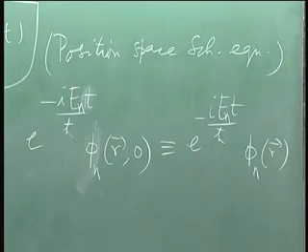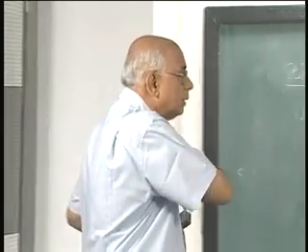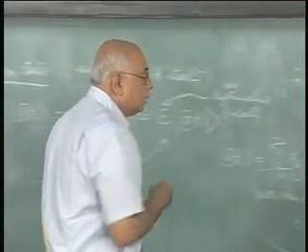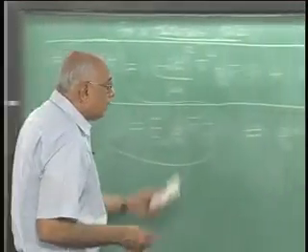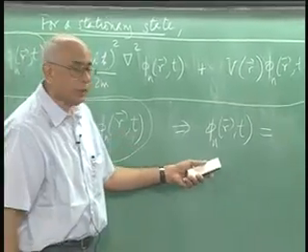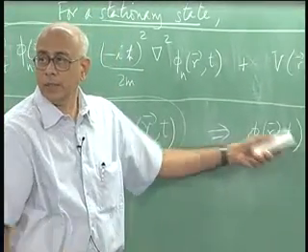Again with this caveat that this little n which is labeling the eigenstates of the Hamiltonian may actually be more than one label, could be a set of quantum numbers. So this is what a given position space wave function would do for a stationary state.